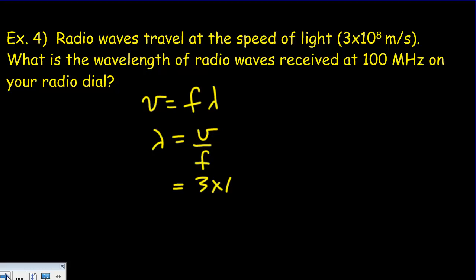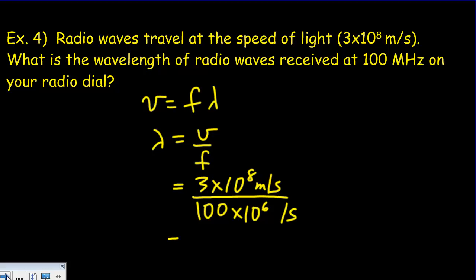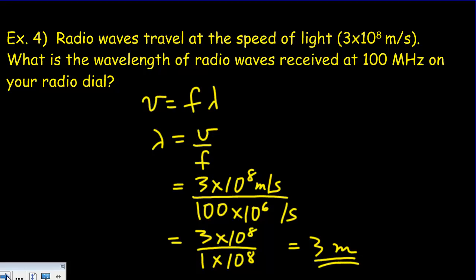I'm going to divide that by the frequency, which is going to be 100 mega, which means a million, or times 10 to the 6th, per second. So this is really 3 times 10 to the 8th divided by 1 times 10 to the 8th. And I'm going to get an answer here of 3 meters. So the wavelength of those radio waves would be 3 meters.